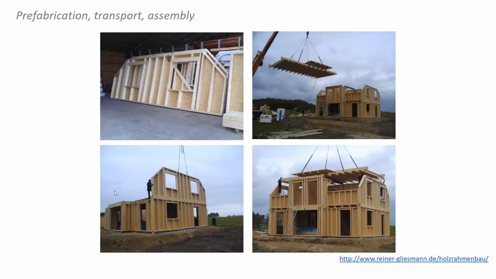No matter what kind of element you have, this is more or less the end product that's brought on site in sizes that can be transported by a truck, then assembled on site, resulting in more or less nice housing or building systems.